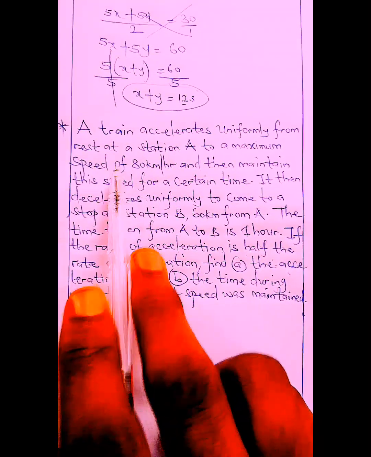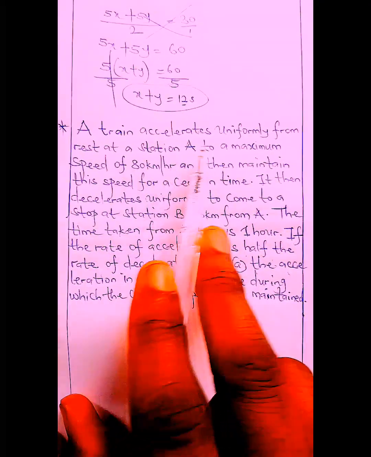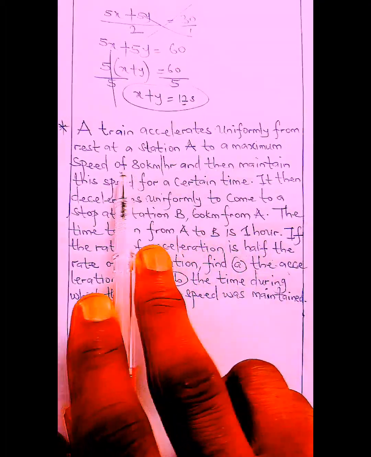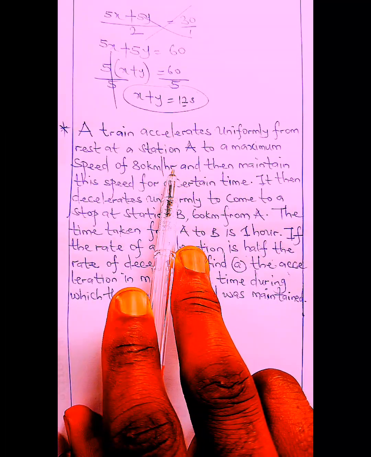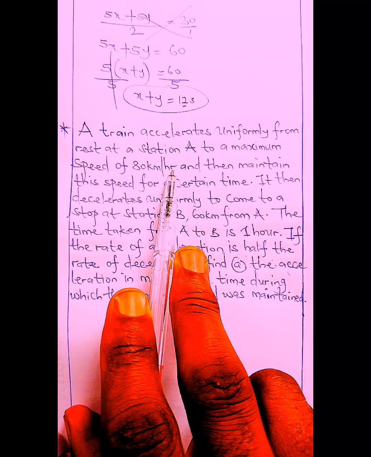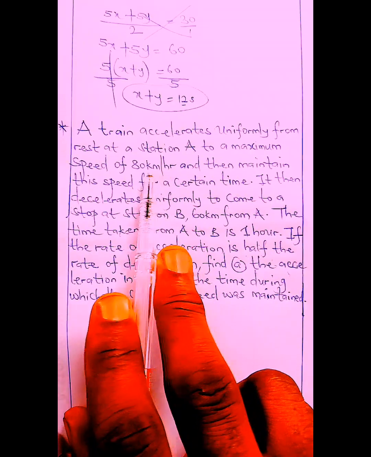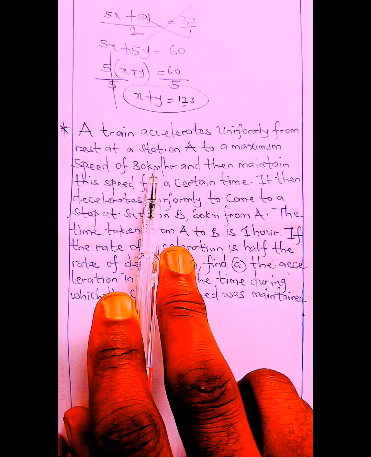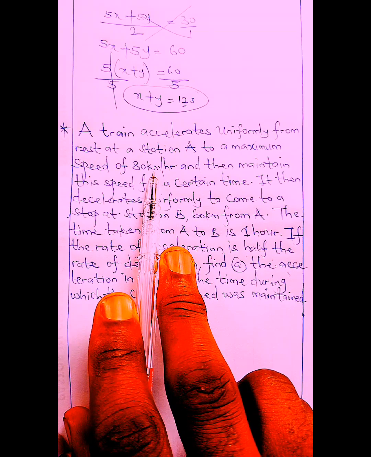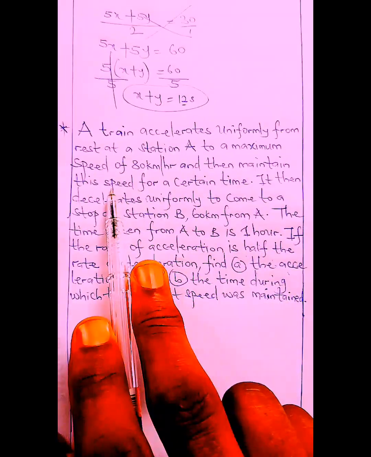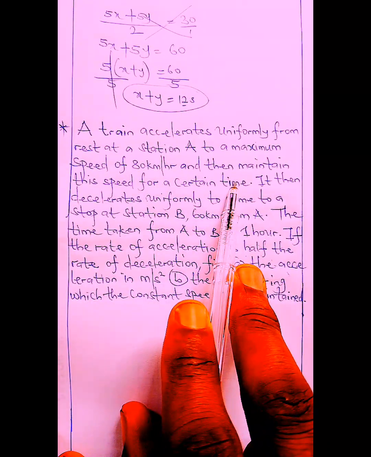It was very simple. A train accelerates uniformly from rest at a station A to a maximum speed of 80 km per hour. Don't forget, velocity is in meter per second. But due to how complex this question is, we could decide to leave our speed in kilometer per hour, then later on do a form of conversion, and then maintain the speed for a certain time.